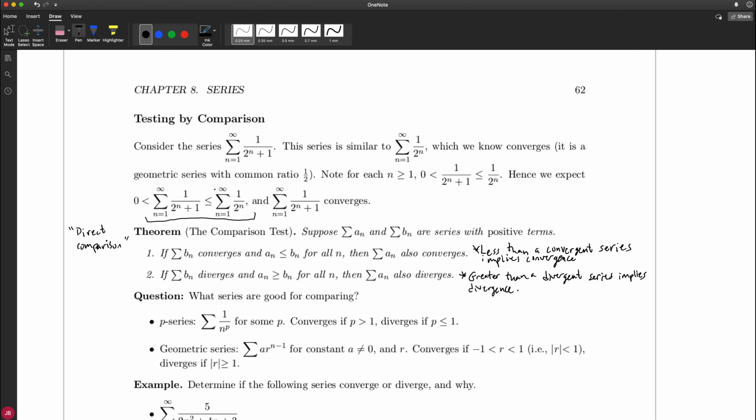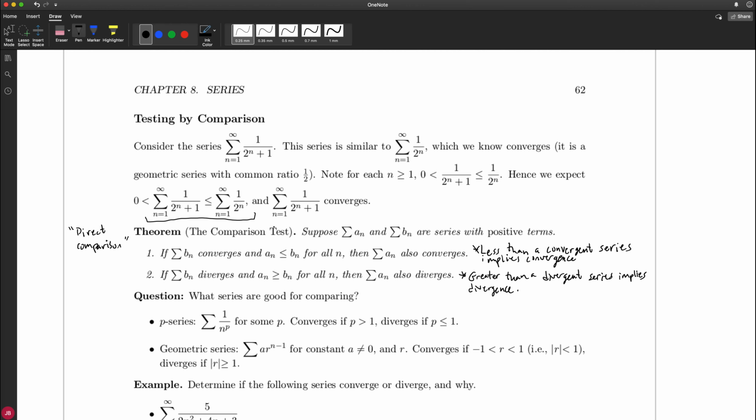If you were less than a convergent integral, then that integral converged. And if you were bigger than a divergent integral, then that integral diverged. And so the same comparison conclusions are here as well. So because this series is less than a convergent series, it must converge.